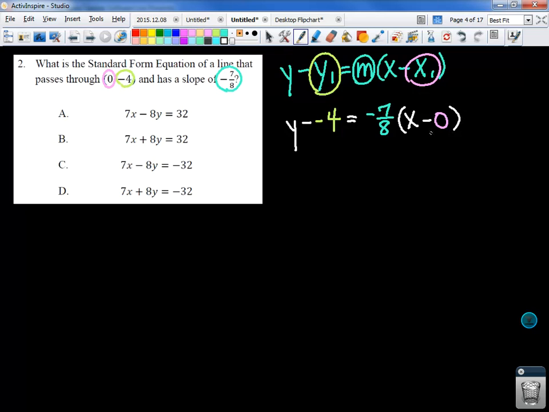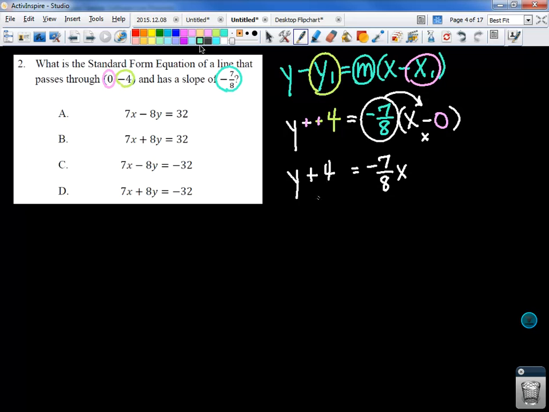Okay, x minus 0, well, that's just x. And -7/8 times that is -7/8 x. Subtracting a negative is the same as adding a positive change. So y plus 4 equals -7/8 x.